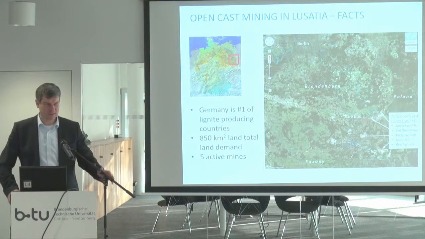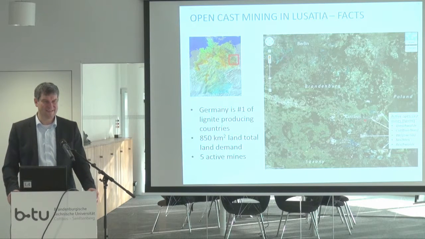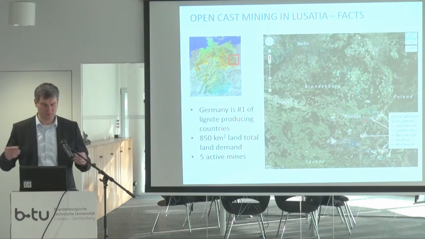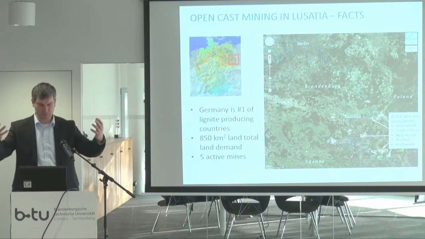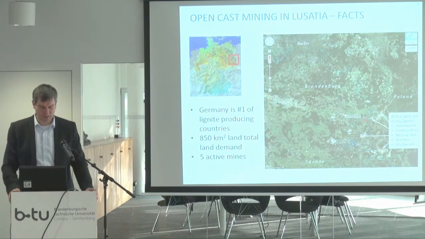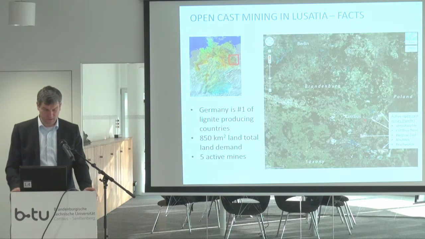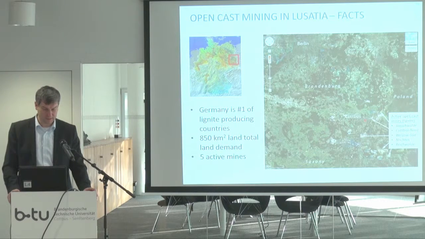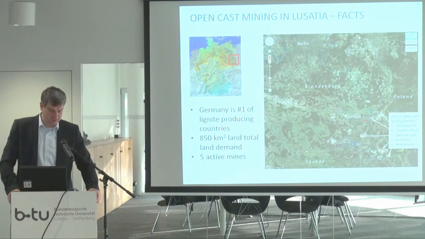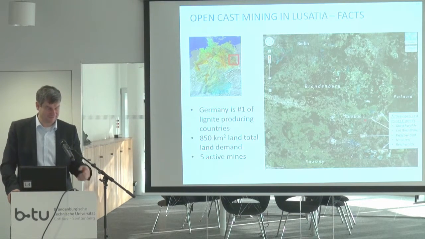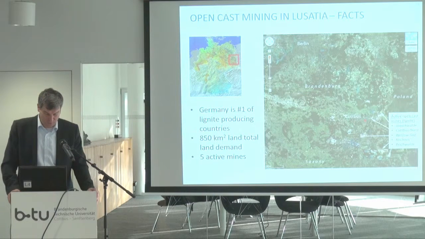But the lignite seam is sometimes 80 meters below surface. So you have to pump out all the water, and by pumping out the water you produce this huge lowering of the groundwater. So more than 2,000 square kilometers of groundwater lowering and 850 square kilometers of active land demand by the mining itself.